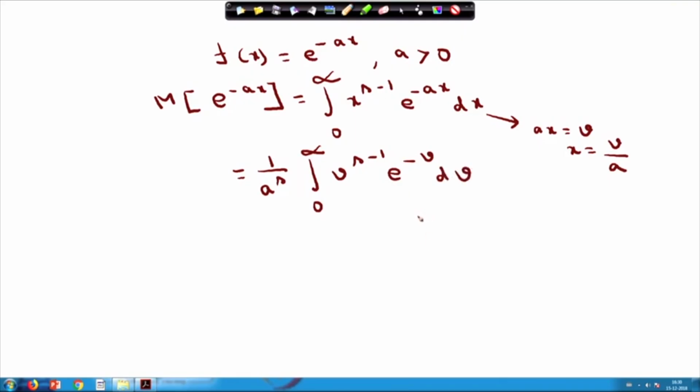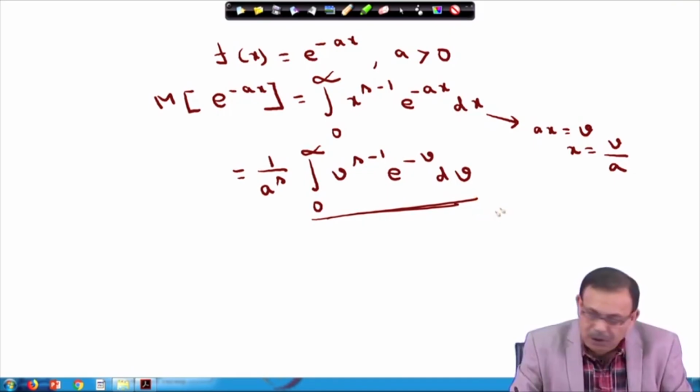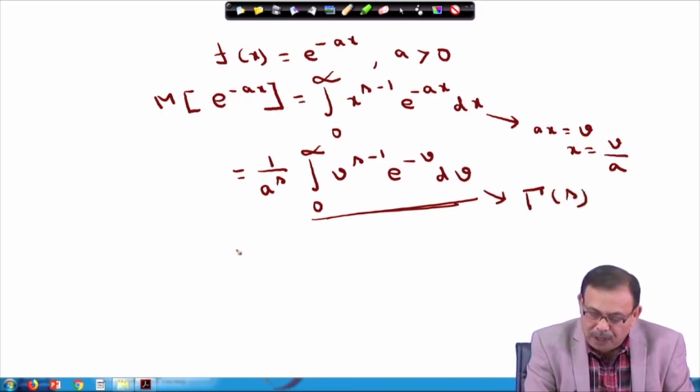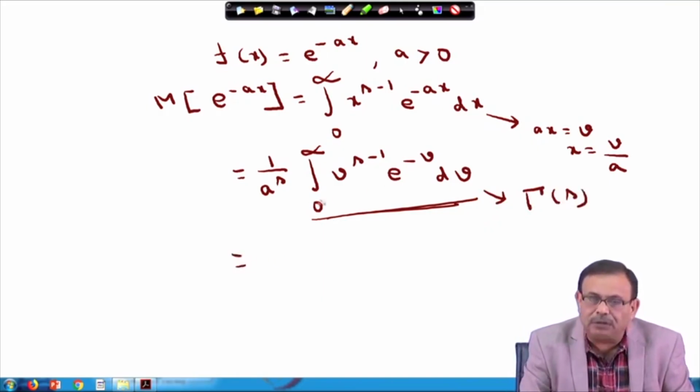And if you see the integral from 0 to infinity of v to the power s minus 1 e to the power minus v dv, this particular integral is well known and its value is nothing but gamma s. I am not going into it again.